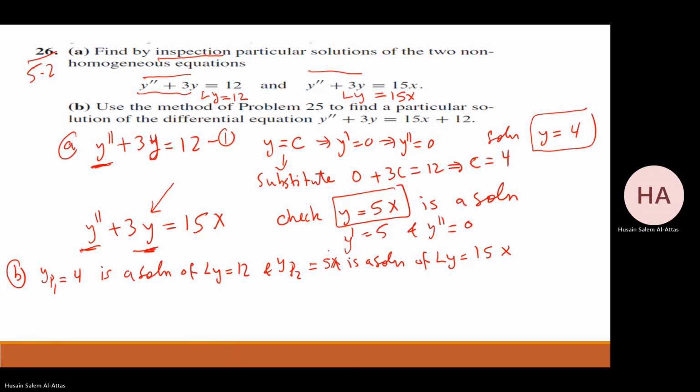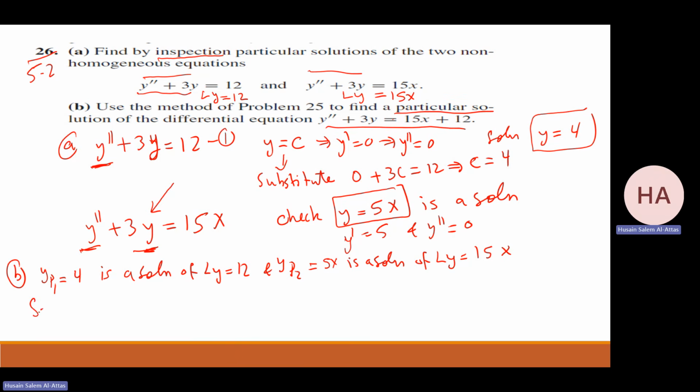Now, the question is, we need to find a particular solution of this equation, which is what?